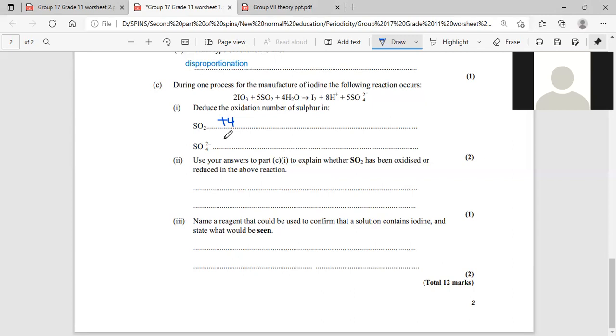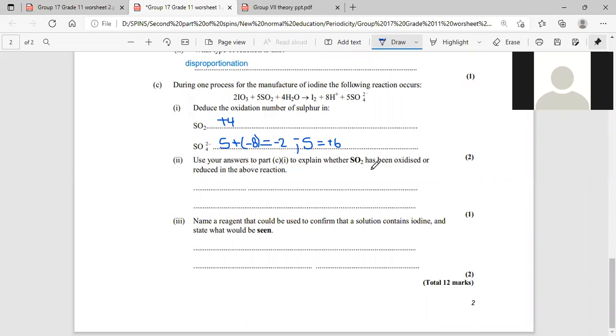No, teacher. Okay. So this one is S plus -8. Where does the -8 come from? 4 times -2 equals -8. So S equals +6.